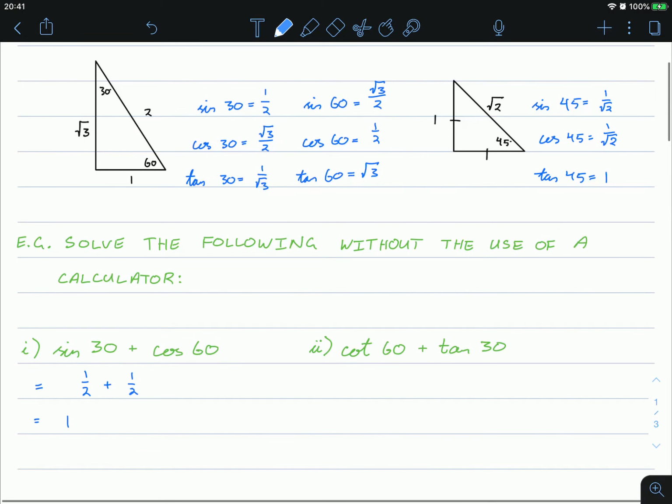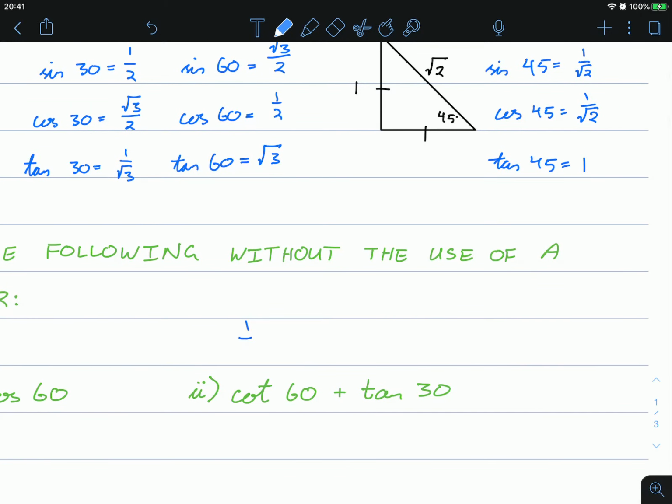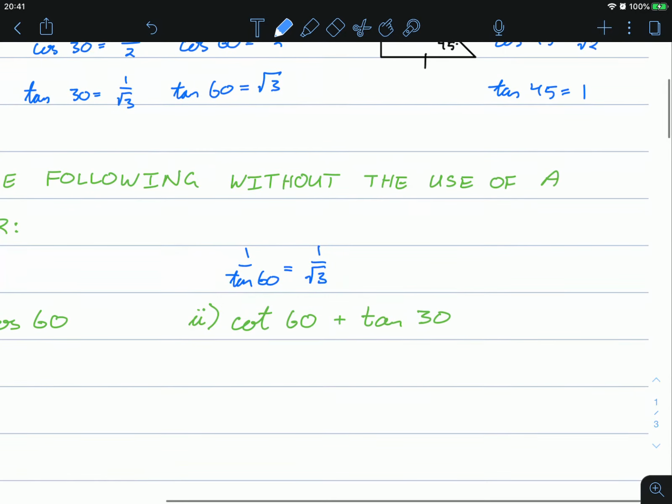Cot of 60. Well, cot is 1 on tan 60. Well, tan of 60 is root 3. The reciprocal of that is 1 on root 3. So cot of 60 is 1 on root 3.